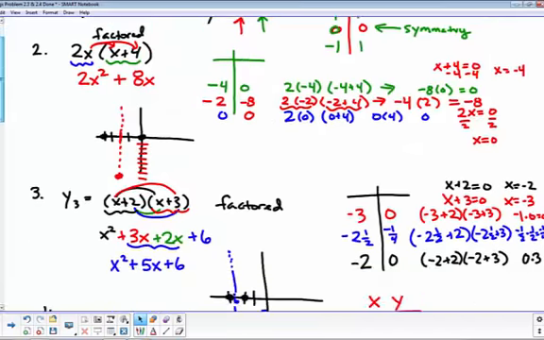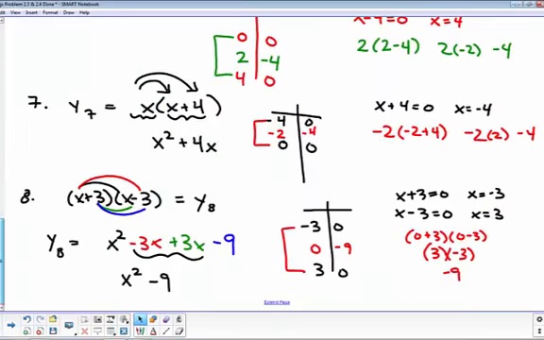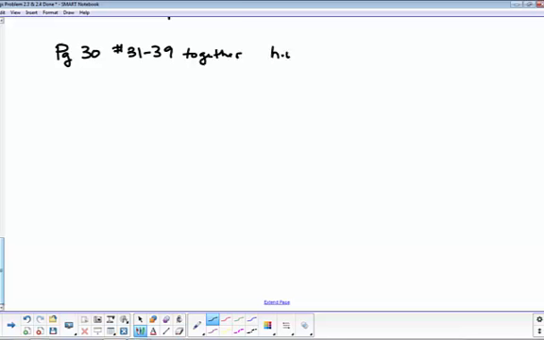All right, we're going to do one last thing, and that is figuring out which equations are quadratic and which are not. So we're going to turn to your book on page 30. We're going to do 31 through 39 together. Homework is number 40 and 44 through 48.